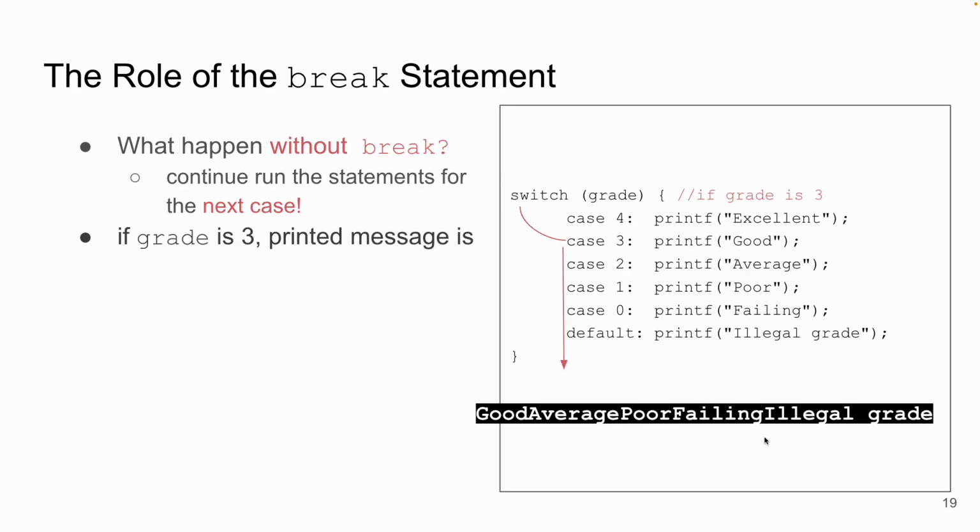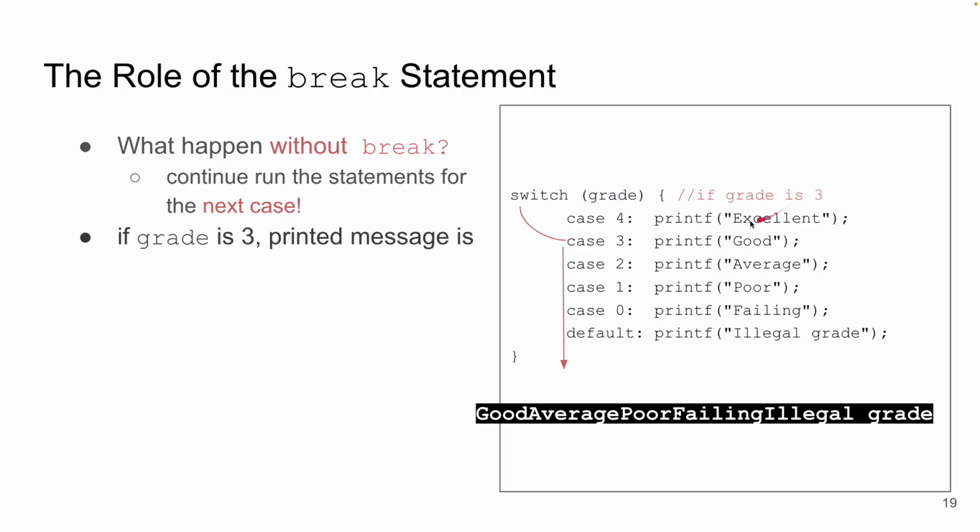So what happens if we forget to add the break? The switch statement will continue to run the statements for the next case. Let's check out the example here. Let's assume the value of grade is 3.